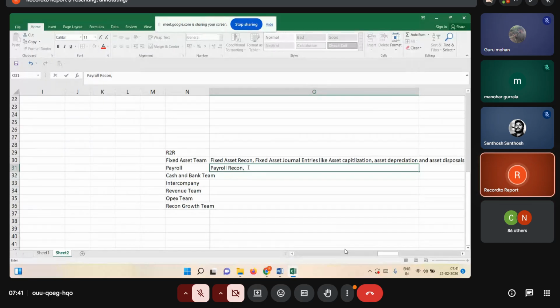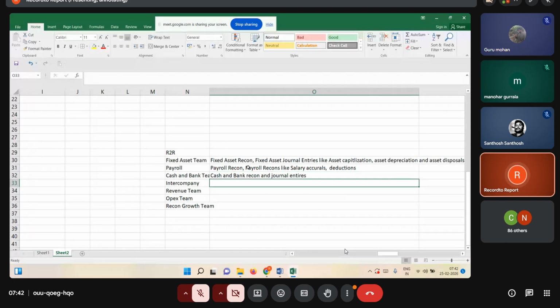You need to work on payroll reconciliations, like salary accruals, deductions, etc. So cash and bank team, cash and bank reconciliations and journal entries.